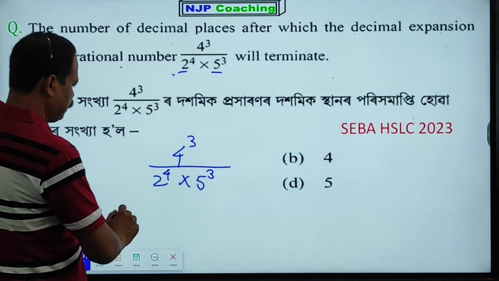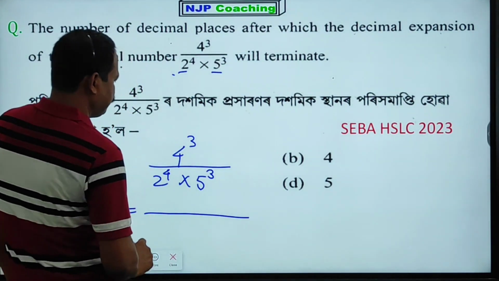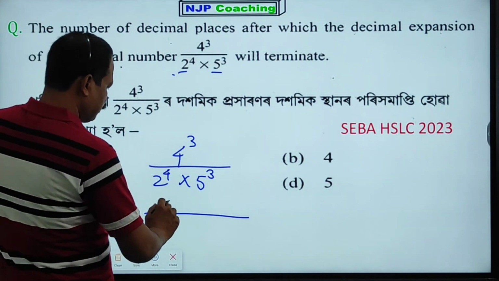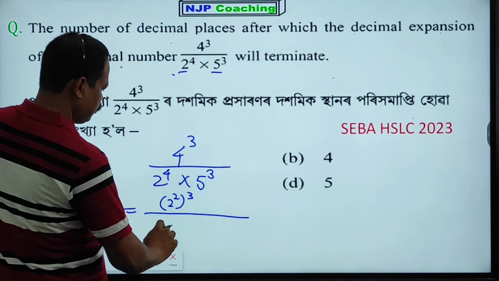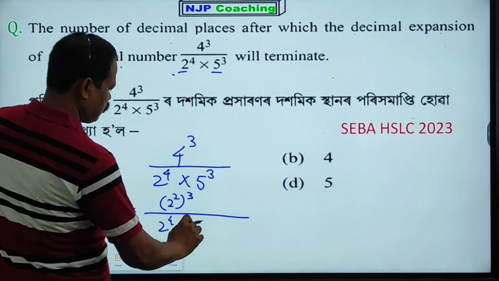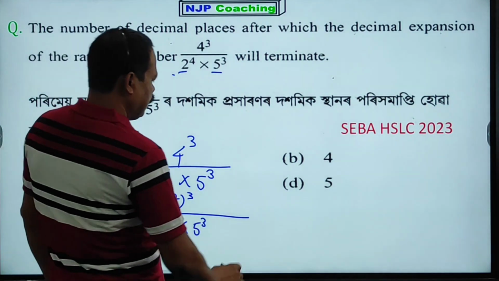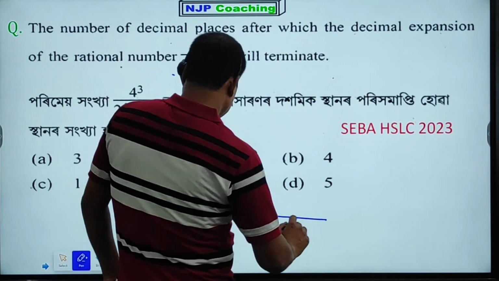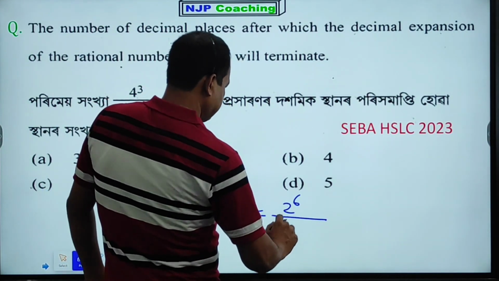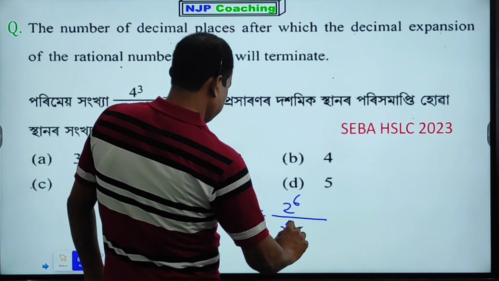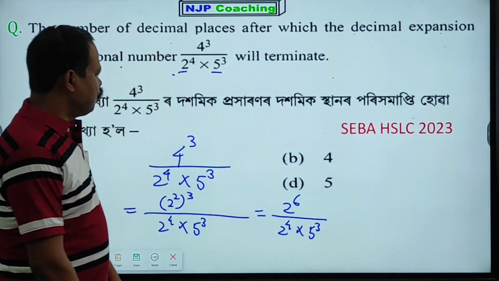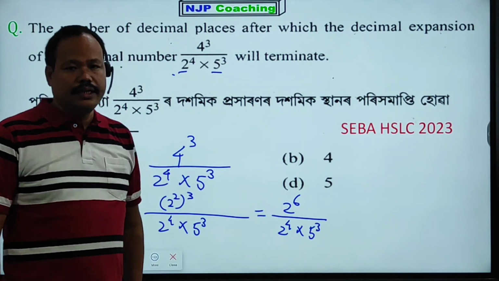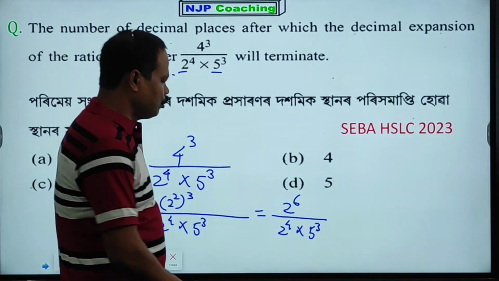Obviously we can. How much can we cancel? 4 cube, so 2 square cube, and that will become 2 to the power 6, and this is 2 to the power 4 into 5 cube. 4 cube means 2 to the power 6, and now 2 to the power 4.